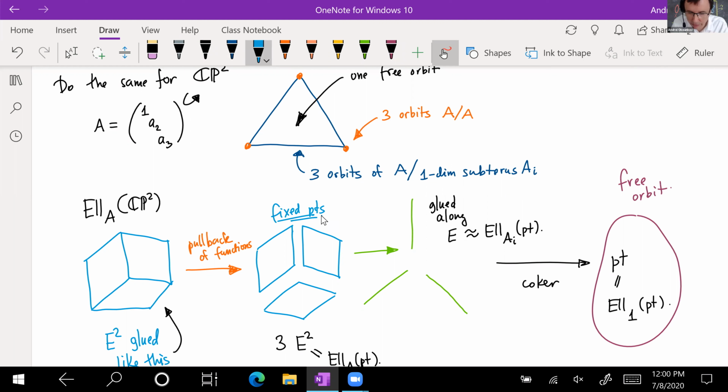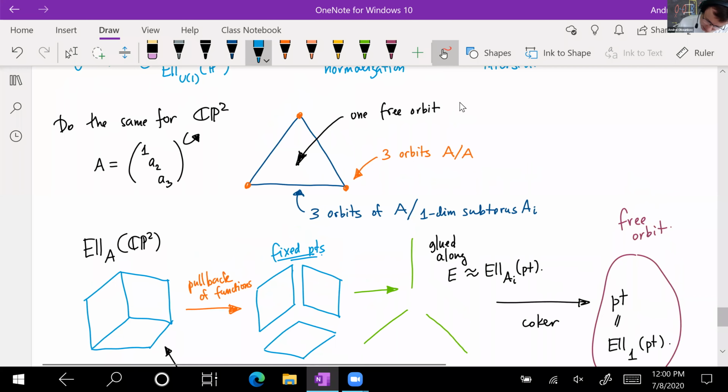Okay. So in another way, this depicts a cell decomposition. That means I have an actual cell of the form: this one free orbit is an actual disk, which is depicted here.